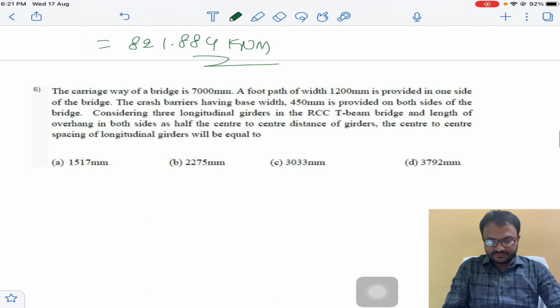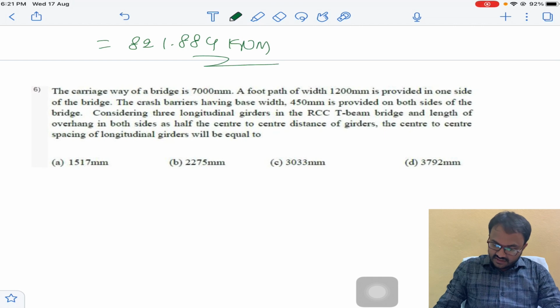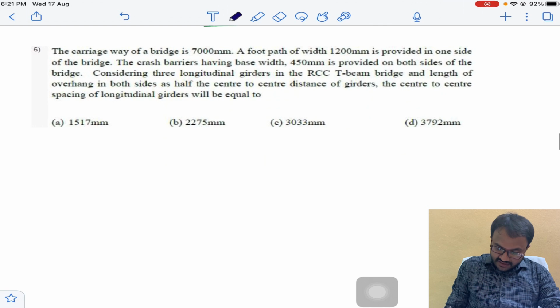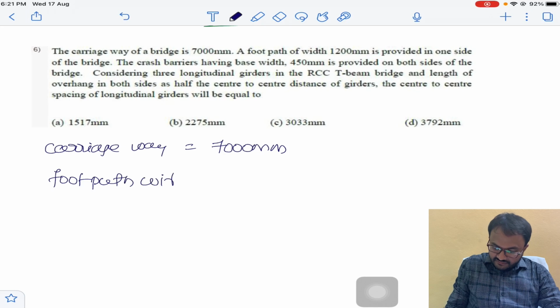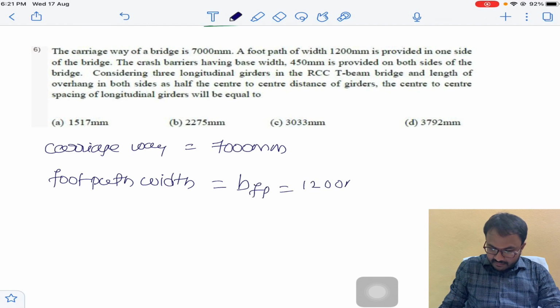Next, again question number 6. The carriageway of a bridge. So I'll write the data as given. So carriageway is equal to 7000 mm. So that is what he has given. And footpath, width of footpath. So that is B is the width and FP is footpath, 1200 mm, and is provided on one side of the bridge.